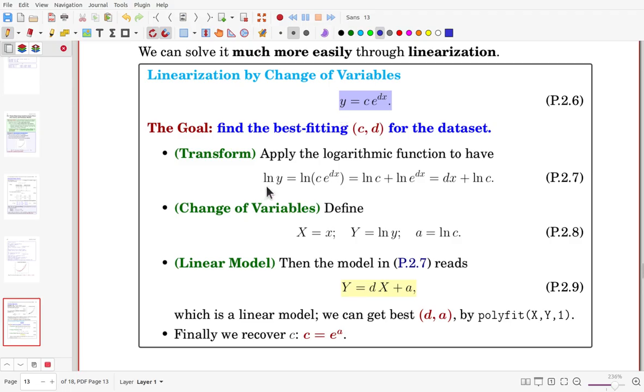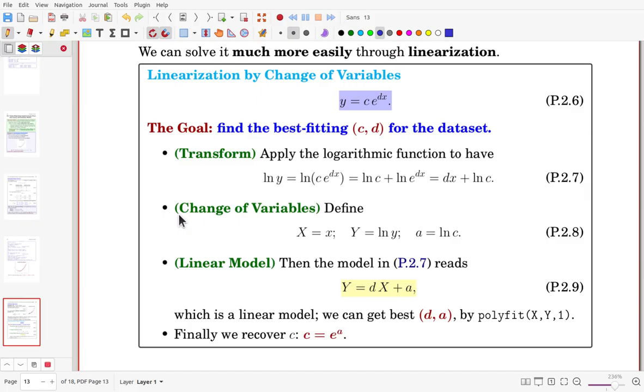Then logarithm y is logarithm c times e to the dx. Then using the property of logarithm, we reach this one. After this transformation, we introduce new variables.